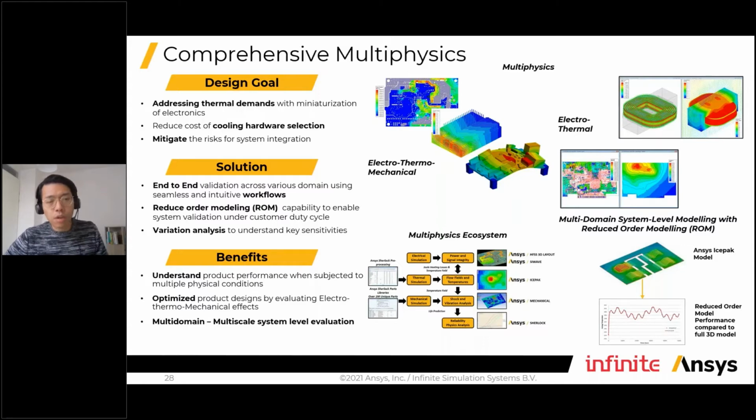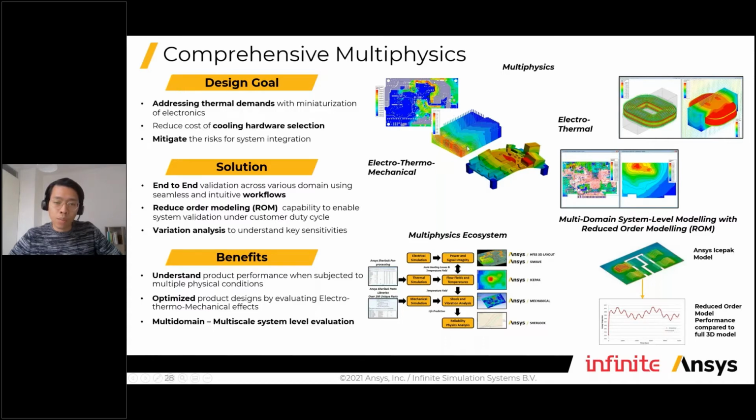Now, when you think about all things coming together, then we have a more comprehensive multiphysics. That is, we don't just focus on the electrical or thermal or mechanical, but actually they interact with each other. As I already briefly mentioned, we have some electrical arrangements, then you see some concentration of our currents that, of course, generates hot spots on our PCB board on certain traces.